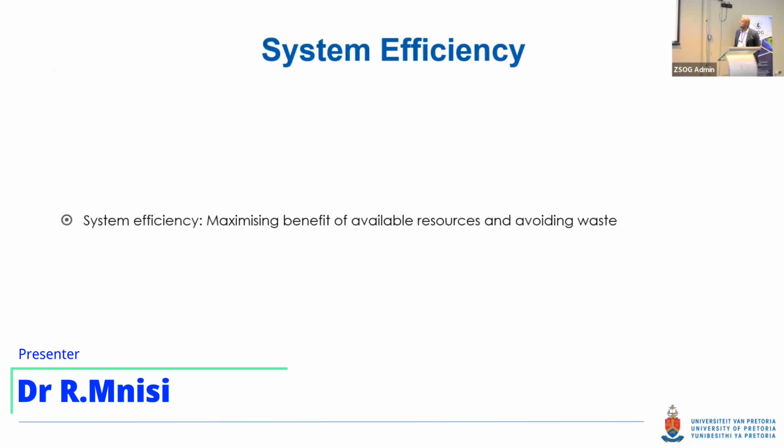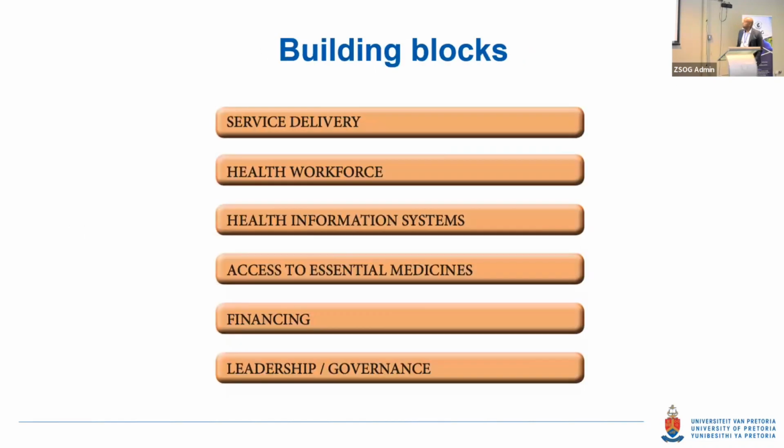What is system efficiency? It is a way of maximizing benefit of available resources and avoiding waste. The way we see oncology services and the delivery of oncology services, we see it from the perspective of building blocks.